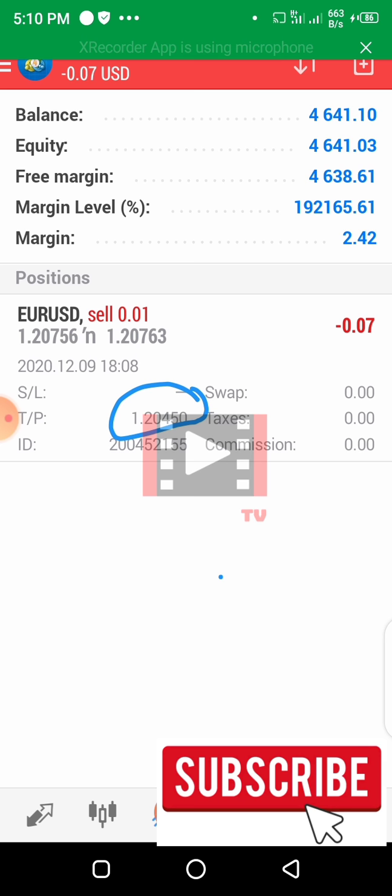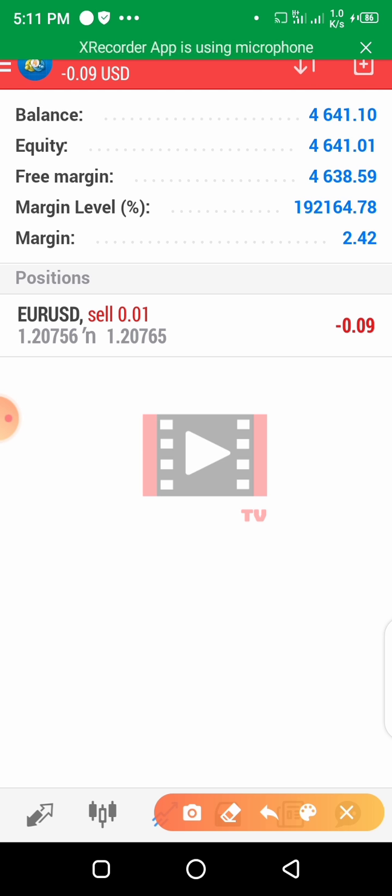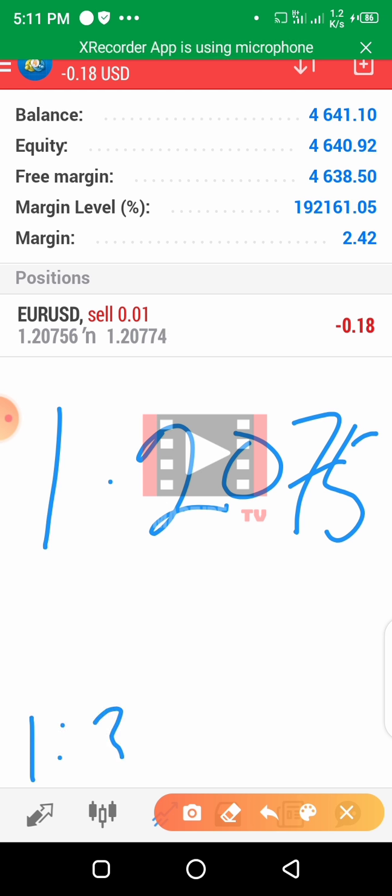Now let us quickly calculate the stop loss. This is the current market price, 1.2075. For the take profit, we subtracted from the current market price. Now, since we are working with ratio 1:3, we add 10.